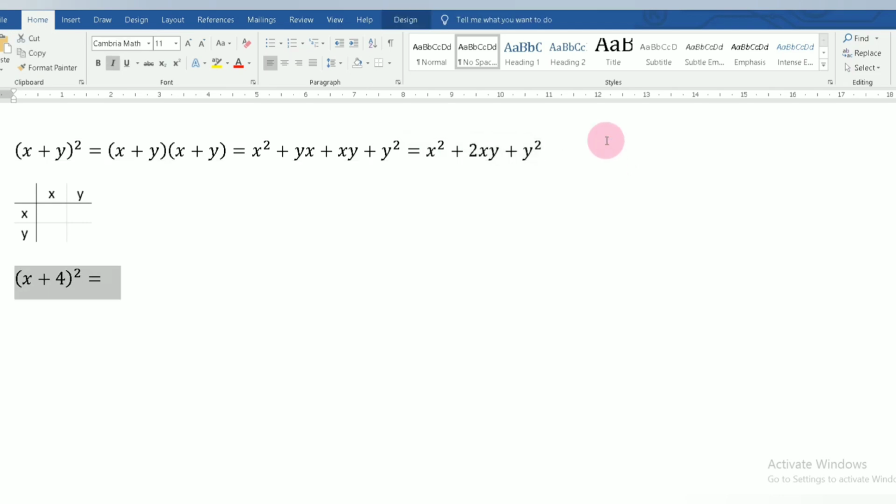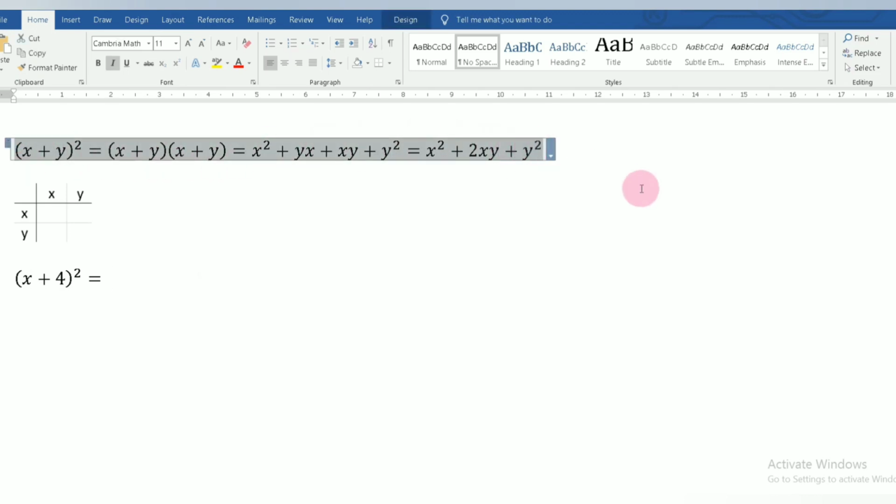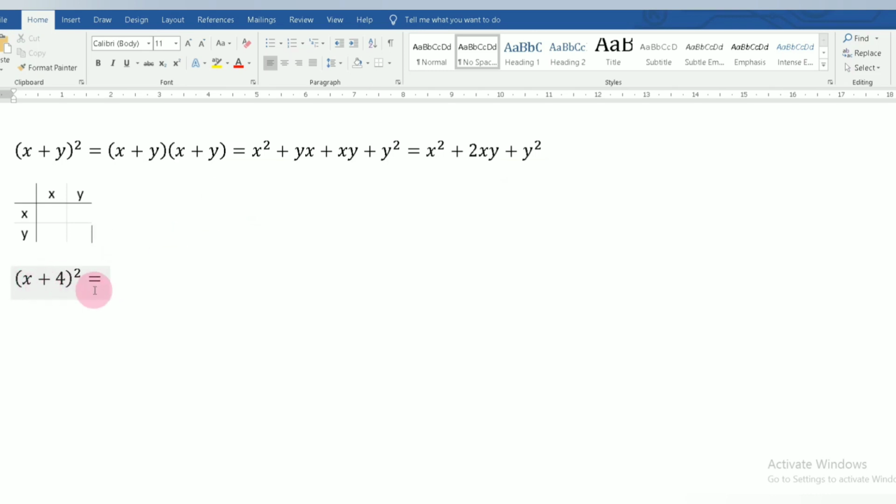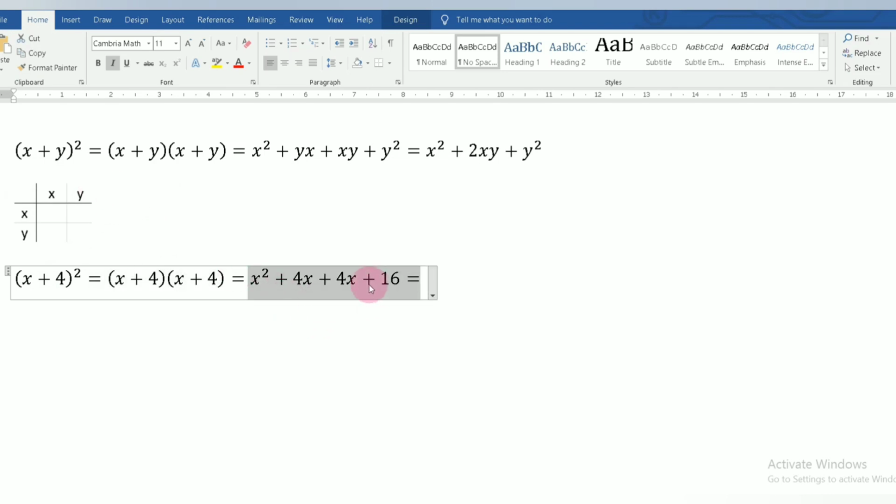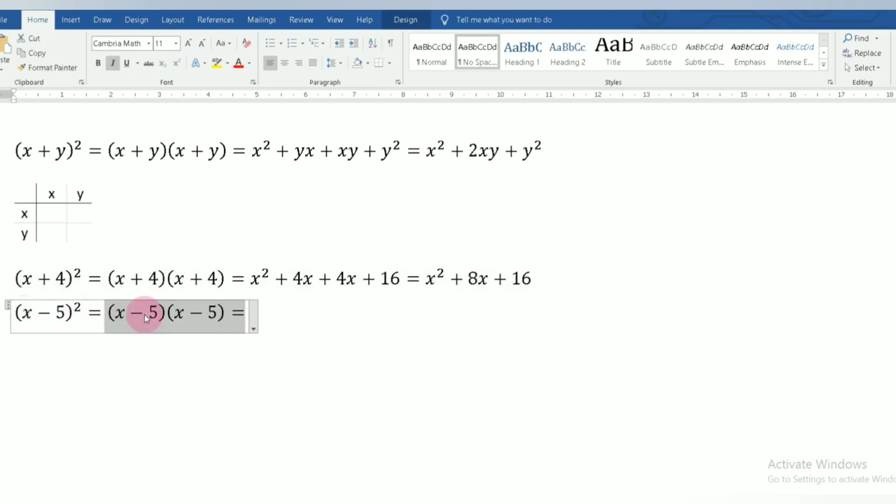I believe that you already know this, so let's practice. (x plus 4) squared means (x plus 4) times (x plus 4). Using the box method, it becomes x squared plus 4x plus 4x plus 16, which equals x squared plus 8x plus 16. If I use (x minus 5) squared, it will be (x minus 5) times (x minus 5), and then x squared minus 5x minus 5x plus 25.